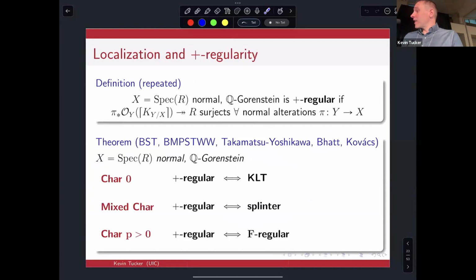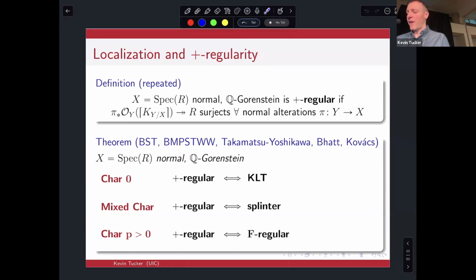All right, so this definition at the top of my screen is just repeated from the previous one. The definition of plus regular is still up there. The point here is that plus regularity really gives a way to unify all of the different singularities across our dictionary. So plus regular in characteristic 0 is the same thing as KLT. Again, maybe this is not so surprising.